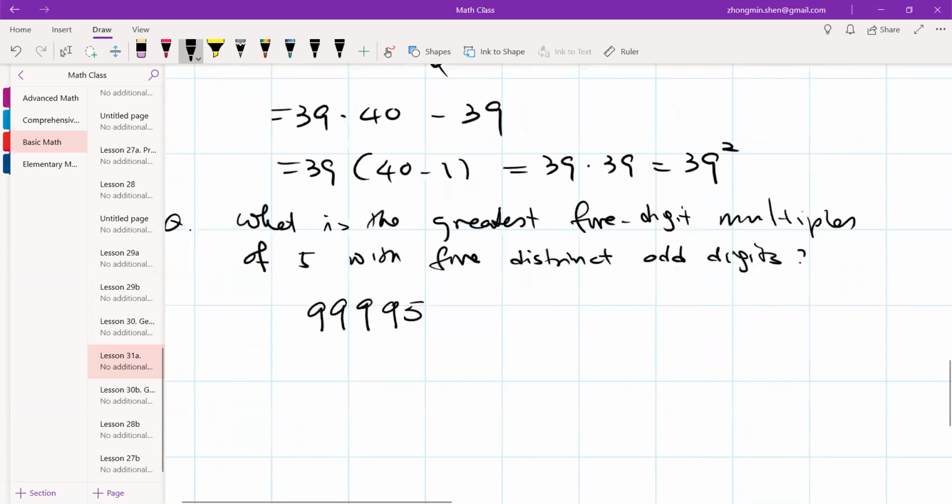But the next one will be, because they're multiples of 5, right? And now you have to apply the last condition.